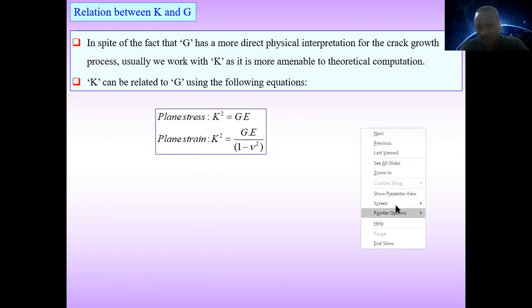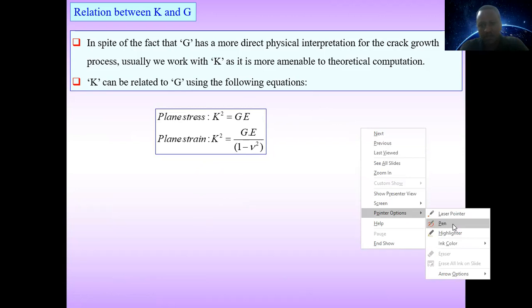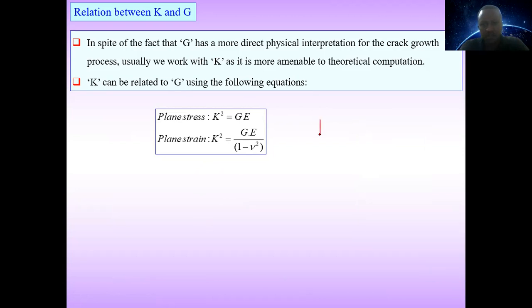So E is equal to, instead of E we use E over 1 minus mu square. So because of that, this is substituted with this value for plane strain.